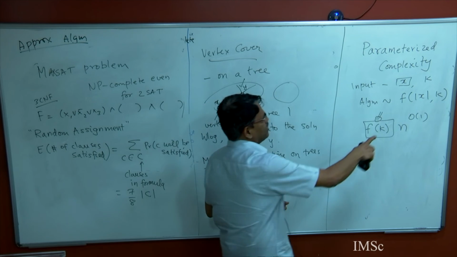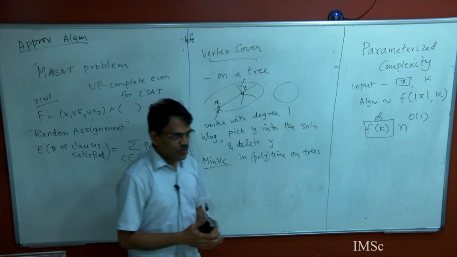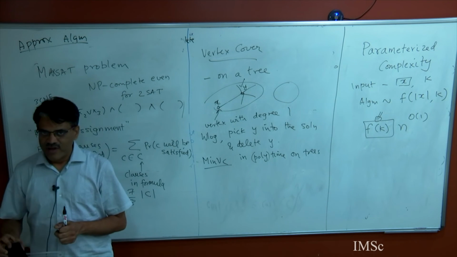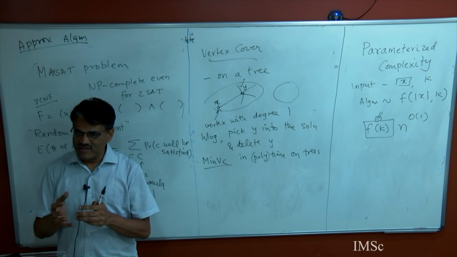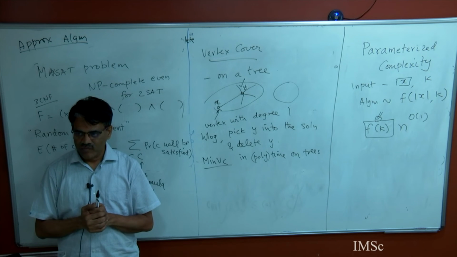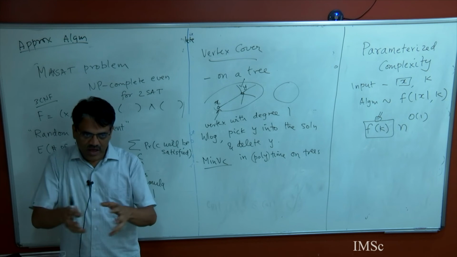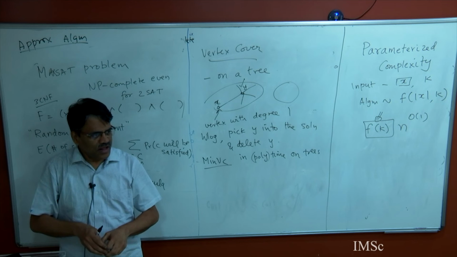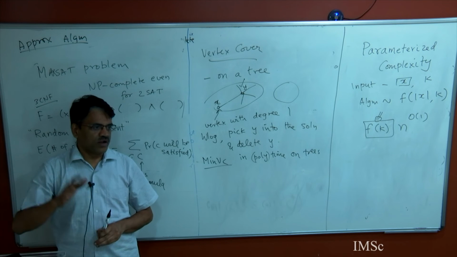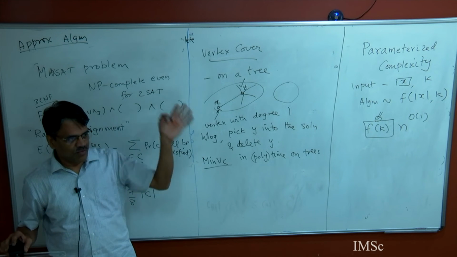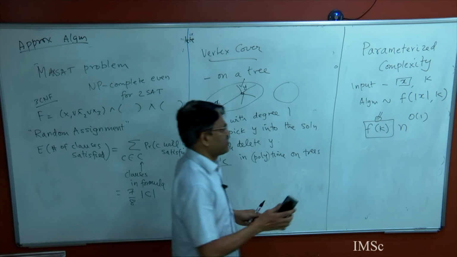Now I bring in this parameter k, right? I want to say that the graph is somewhat k distance away from a tree. And by k distance away, I mean that there are some k vertices whose deletion makes it a tree. I will give you those k vertices as well. Finding them is another problem, but suppose I give you those k vertices.